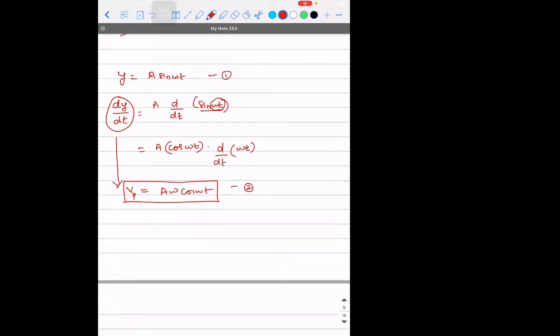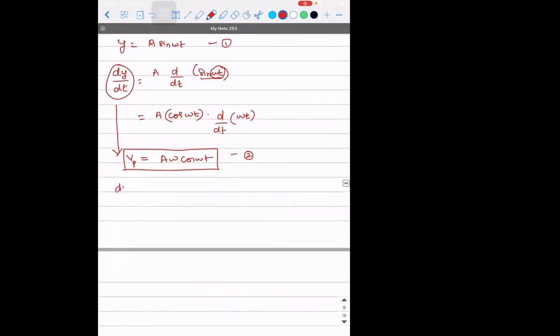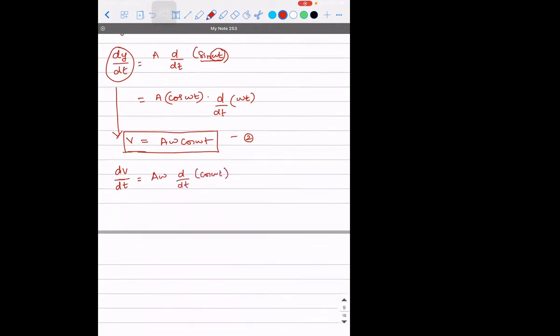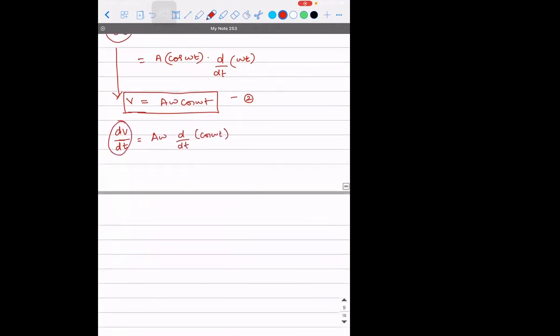Okay, I'll finish the next step also. Derivative of velocity, V means velocity of the particle. dV by dt is what? A omega into d by dt of cos omega t. Now you tell me how to apply the chain rule.